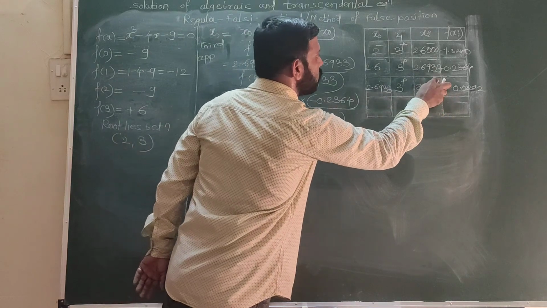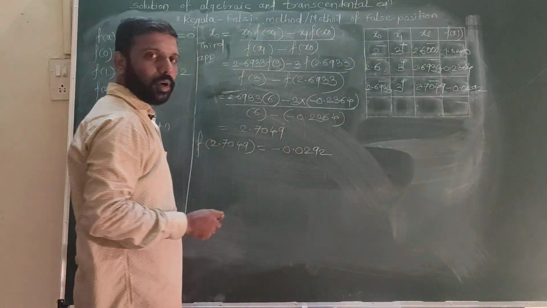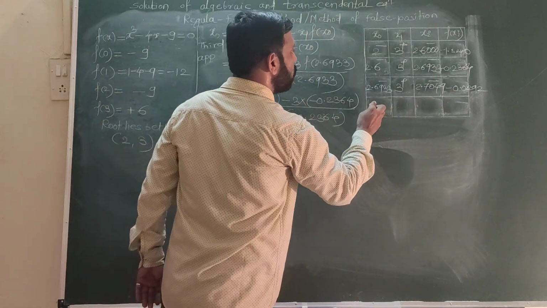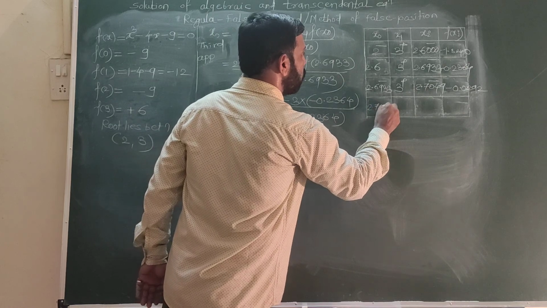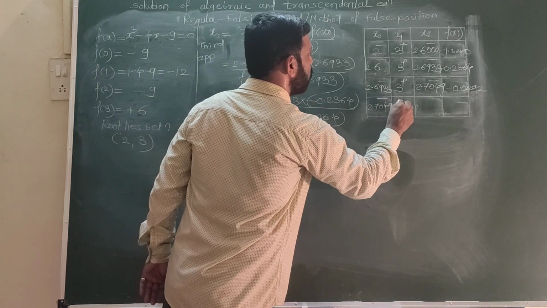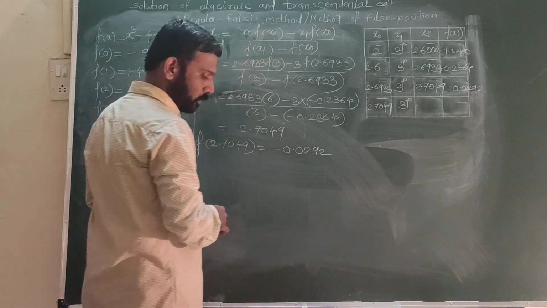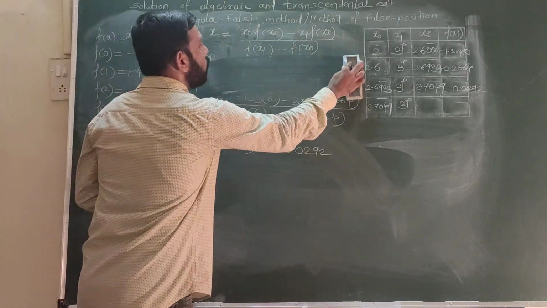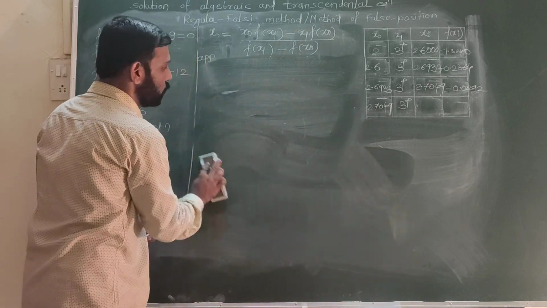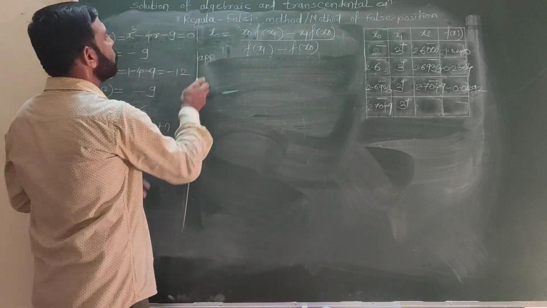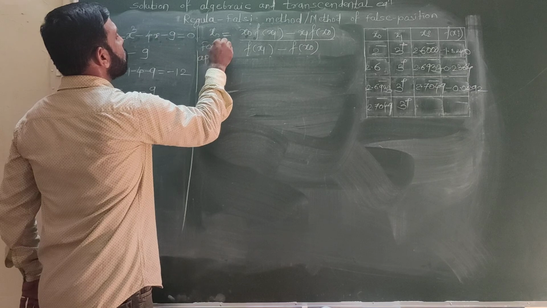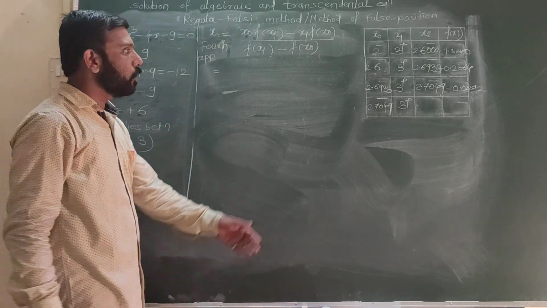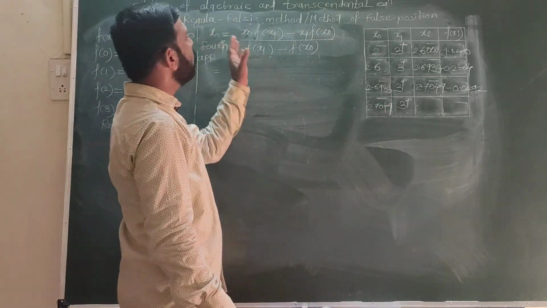Now that minus will be put here as a symbol. The next interval becomes 2.7049 and 3 plus. So this completes the approximation. These are our new x0, x1.